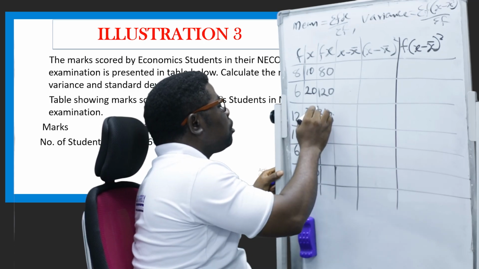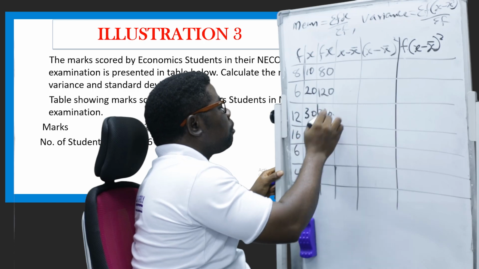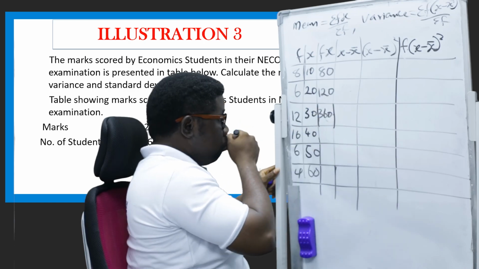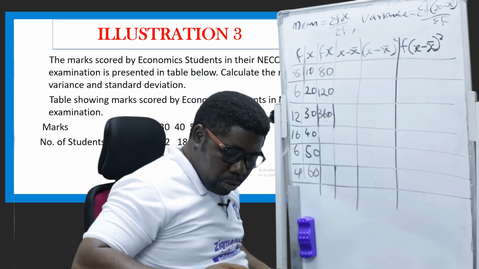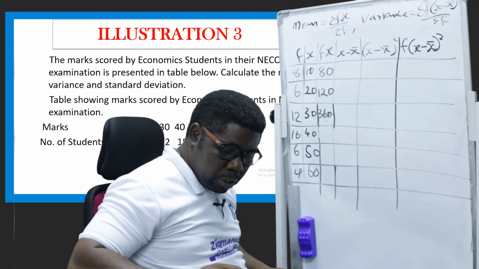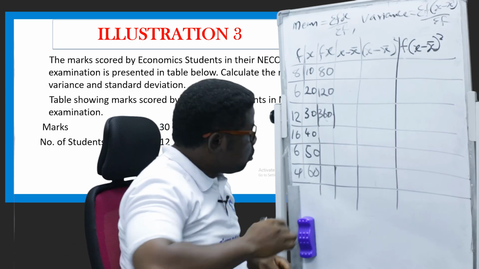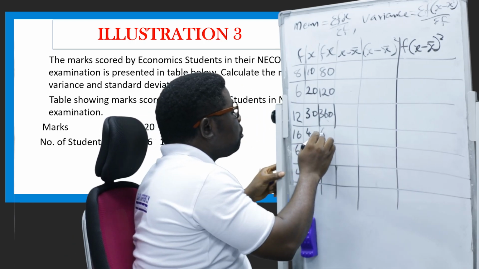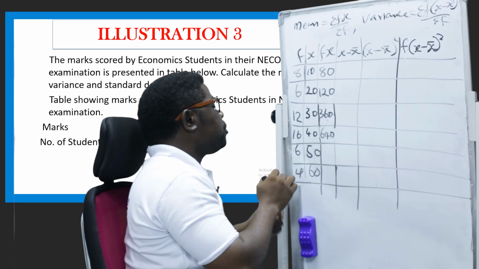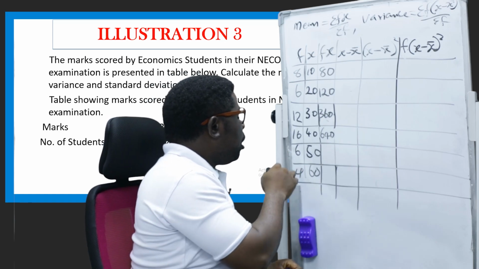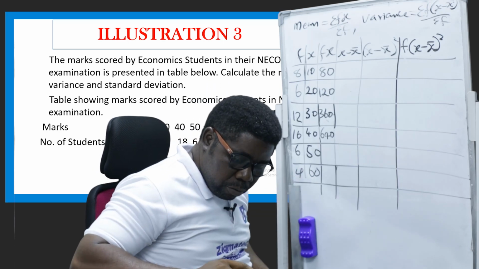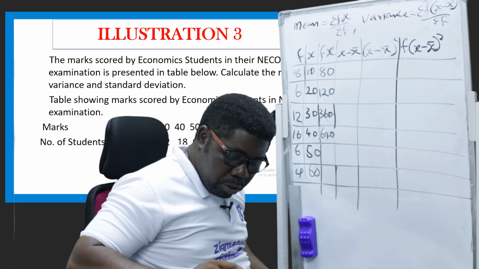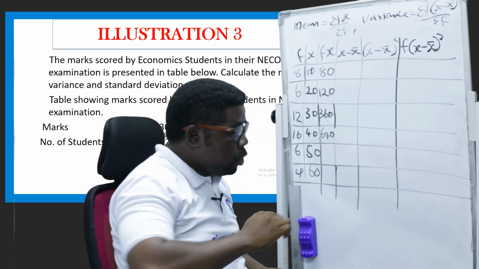Then 18 times 40 is equal to 640 — wait, 16 times 40 is 640. 50 times 6 will give us 300.